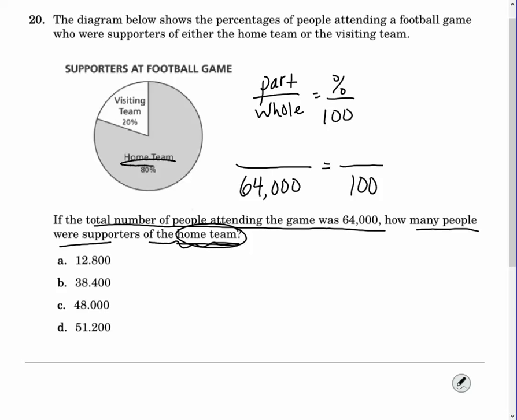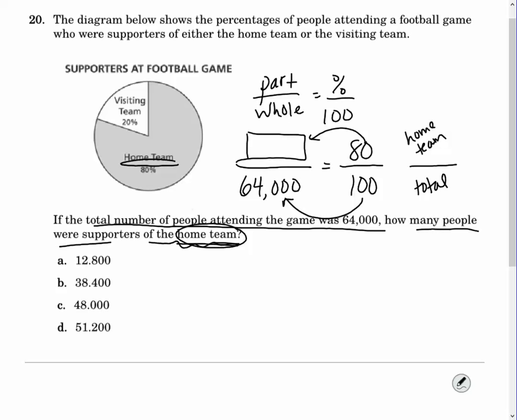So we want to look right here, home team, that's 80 out of 100. And we are missing the part that supports the home team, because this was home team on top, and this was total people there on the bottom. So we are looking for this connection. So we look from the completed side to the part that is missing.